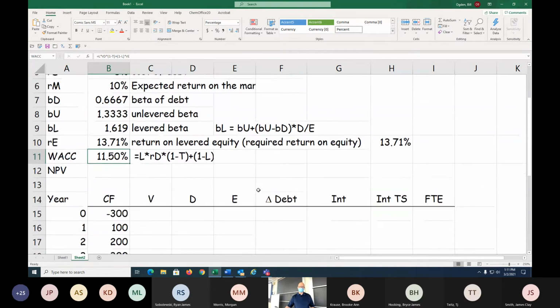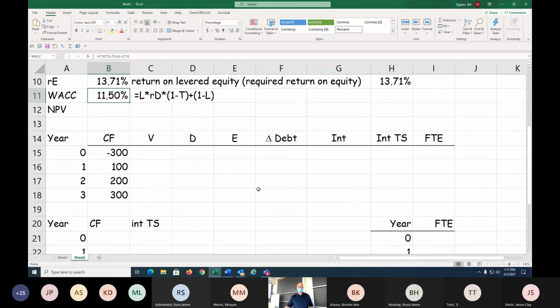All right, so below we have a project with a cost of 300, with expected cash flows of 100, 200, 300. So this value, this capital B, is the value of the project.